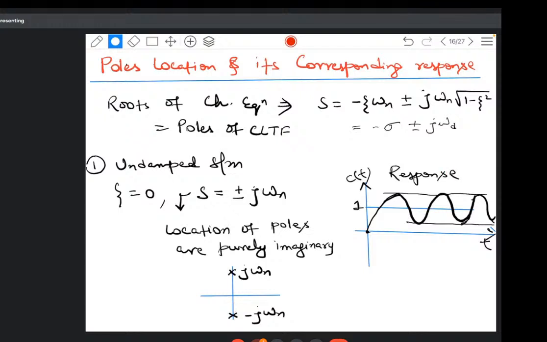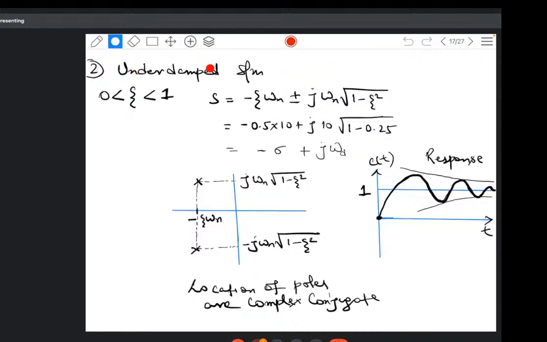Now, for the underdamped system, you know that zeta will vary between 0 and 1. This is my standard second order characteristic equation. Now you put in any value of zeta. Suppose you take zeta equal to 0.5, which comes between 0 and 1, and take omega n as 10 radian per second, any constant I have taken.